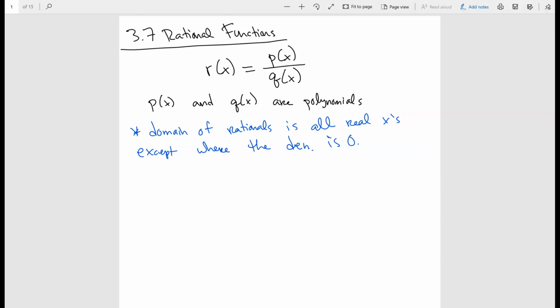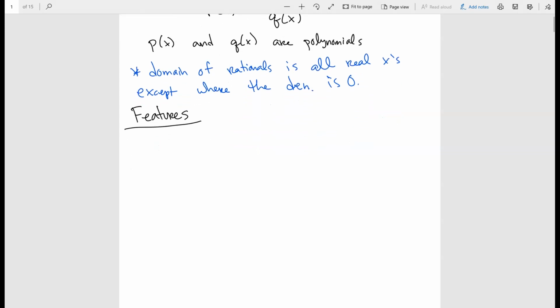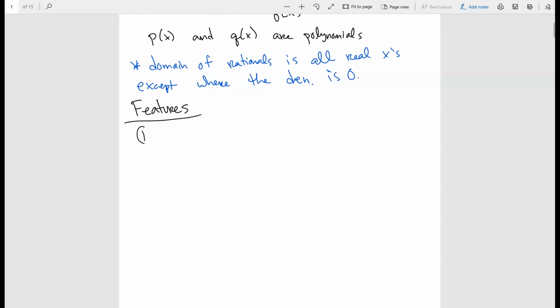Now there are a couple of features that the rationals have, and I'm going to explain them here, because the whole point is that we want to be able to graph them. The first thing to know is that some rationals have vertical asymptotes.